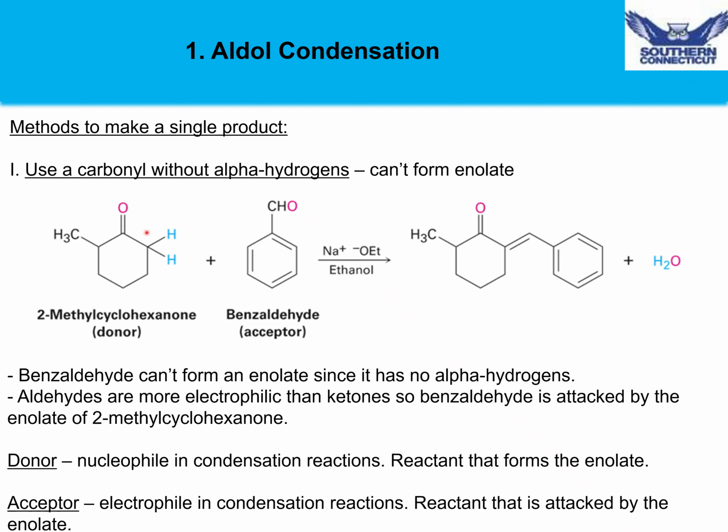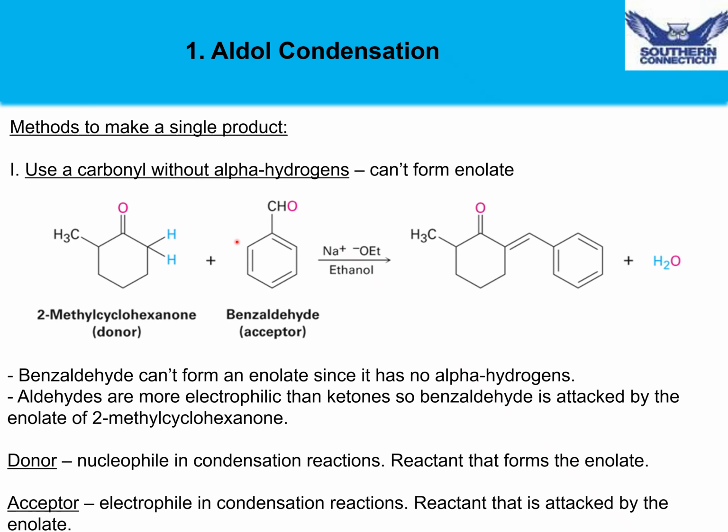Here's an example using 2-methylcyclohexanone and benzaldehyde. If we add base, the base will remove one of the alpha hydrogens on the ketone. Notice the aldehyde, benzaldehyde, can't form an enolate since there are no alpha hydrogens on this aldehyde. The only alpha carbon would be this carbon, and that carbon does not contain any alpha hydrogens.